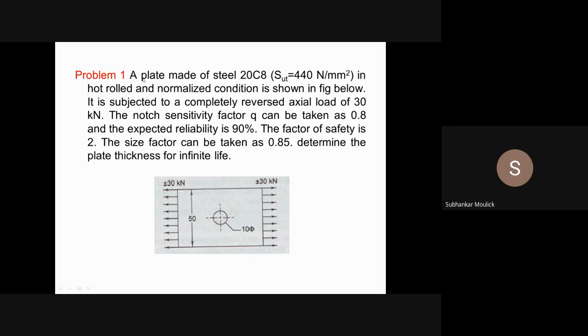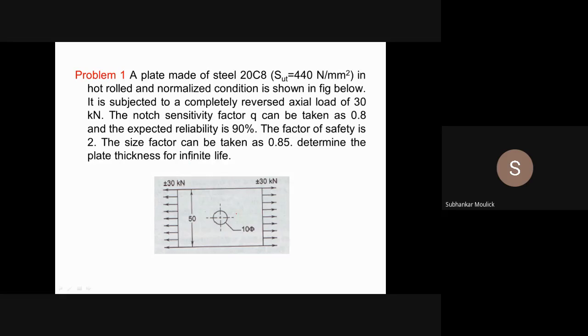The problem is a plate made of steel 20C8, SUT is 440 Newton per millimeter square, in hot rolled and normalized condition, as shown in the figure below. So this is a steel plate.